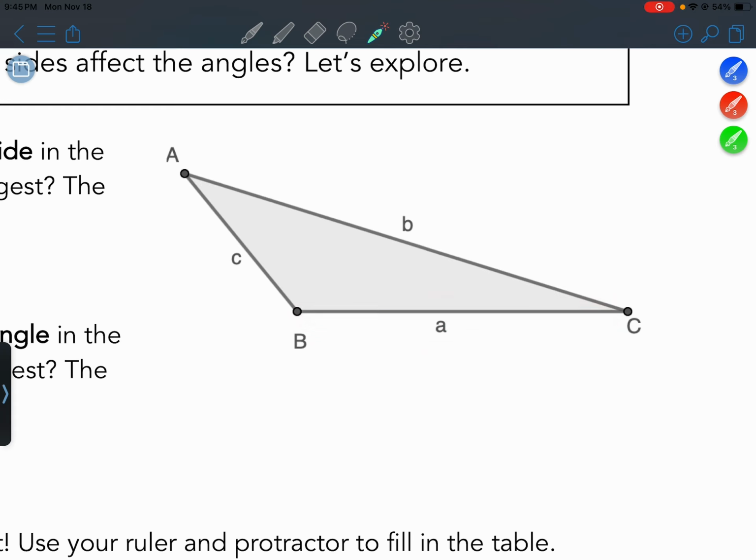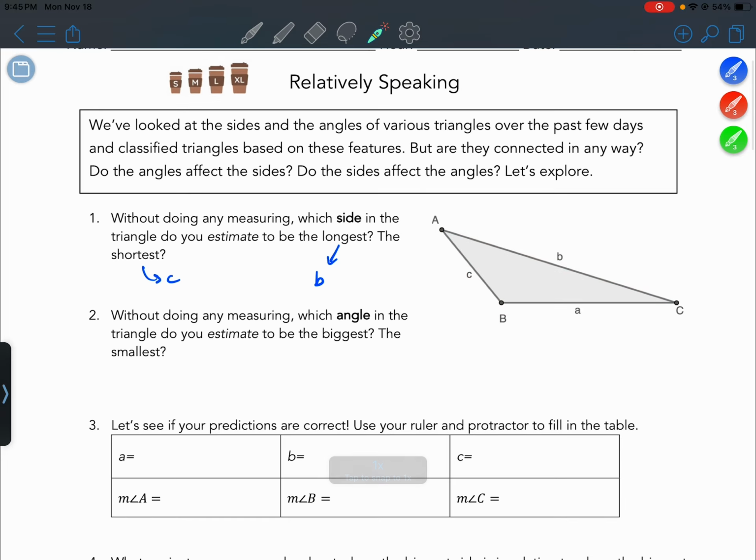So side A, side B, the longest, and side C, the shortest. That puts side A clearly as the middle side, not the longest or the shortest.